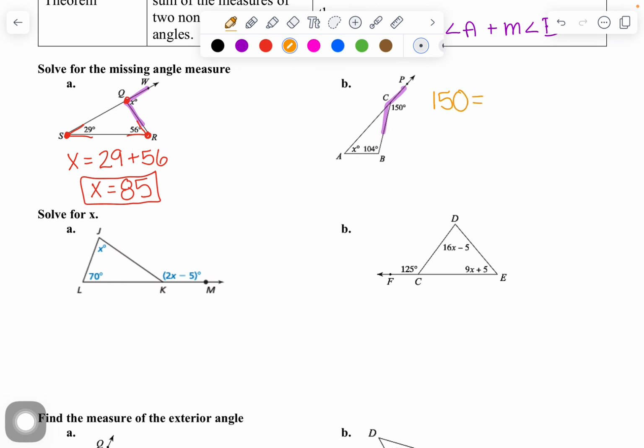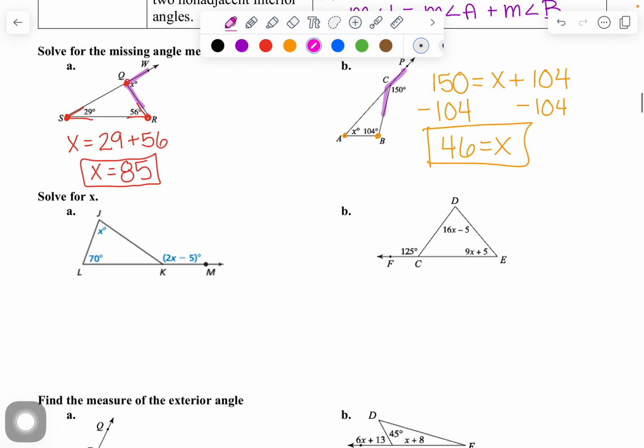It's equal to 2 angles inside the triangle, not right next to it, which are the x and the 104. And we solve for x. Overall, these equations are fairly straightforward, similar to the ones that we did yesterday.